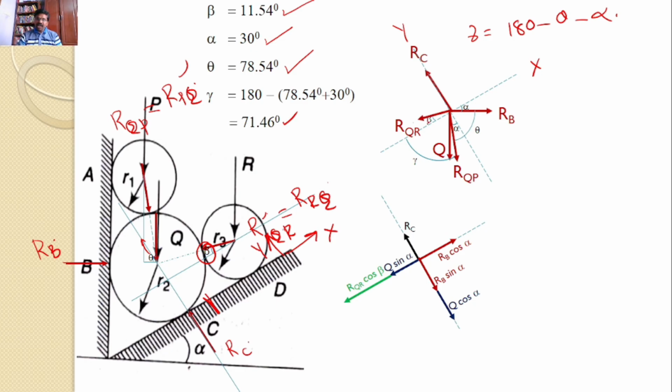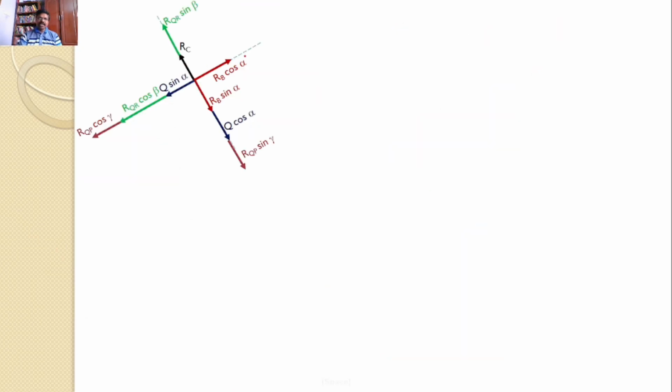And then RQR makes an angle beta with the x-axis, hence it is RQR cos beta and this is RQR sin beta. And there is one more force, that is RQP. RQP makes an angle gamma with the x-axis, hence it is RQP cos gamma and it is RQP sin gamma. So these are the forces.